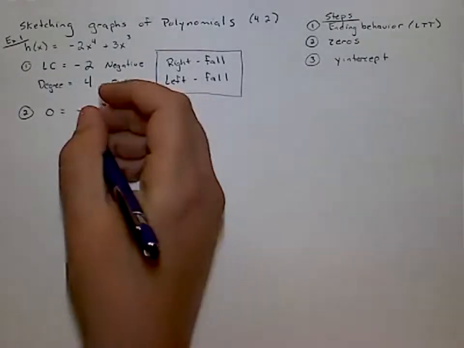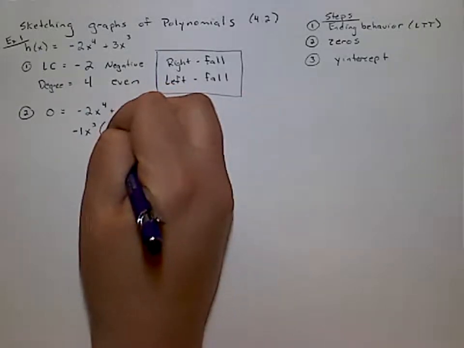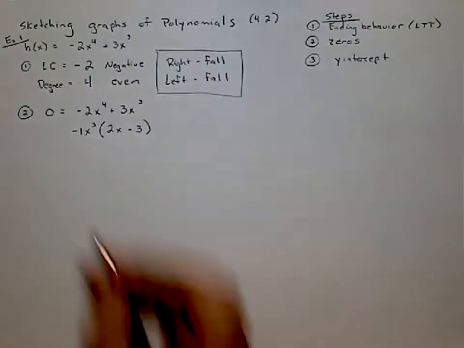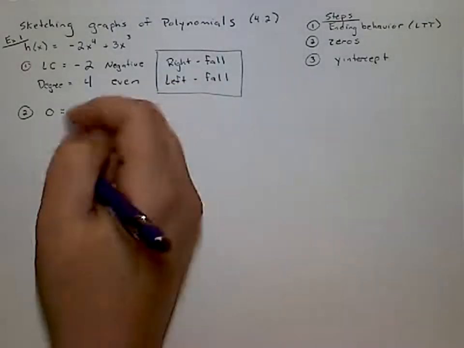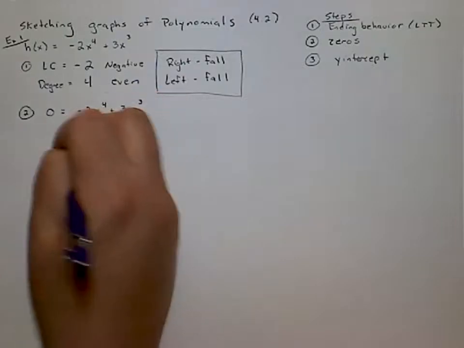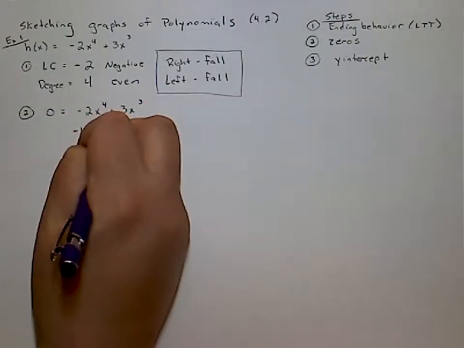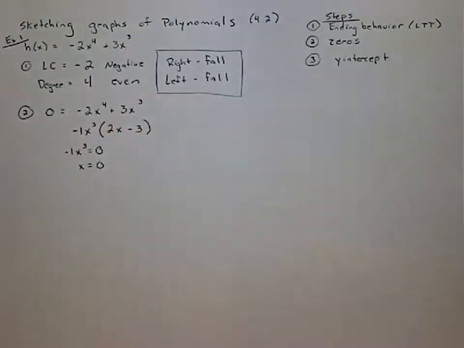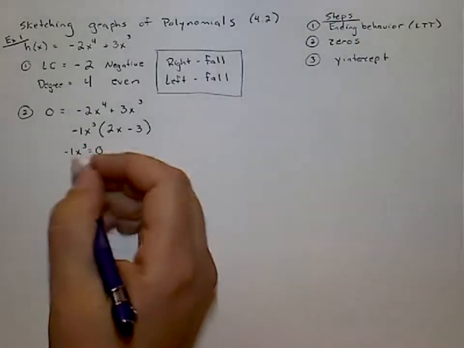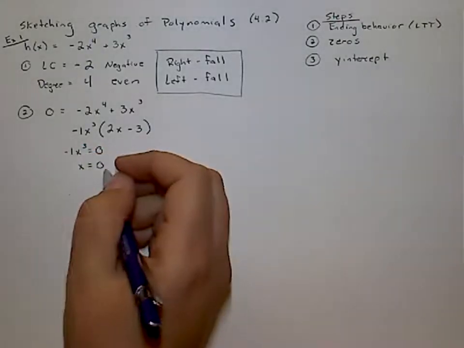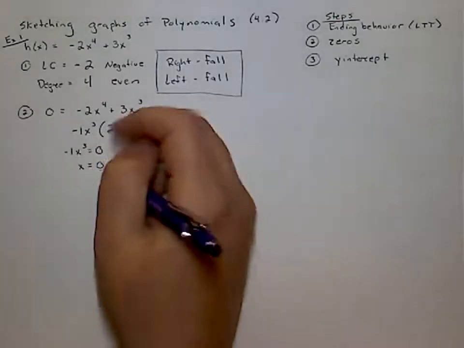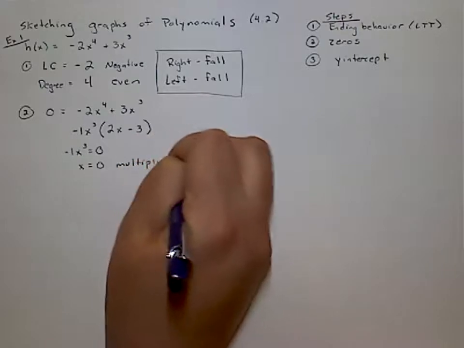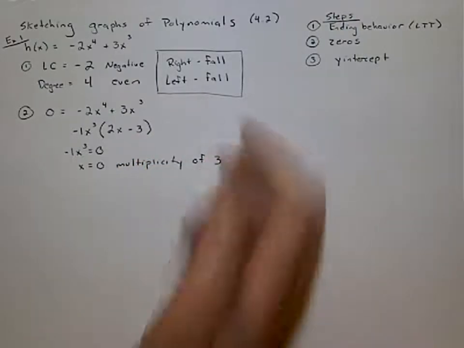So when I do that, I am left with positive 2x minus 3. So negative 1x to the third, what would make negative 1x to the third 0? Well, that would be 0. Now, how many zeros does that break into? 0 is going to have a multiplicity of 3.